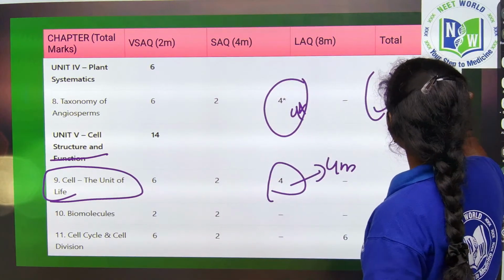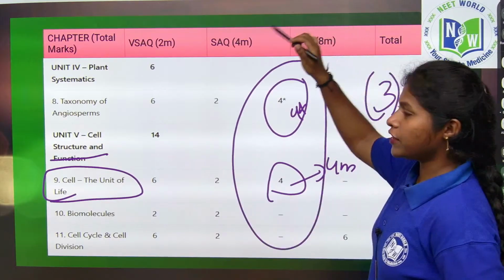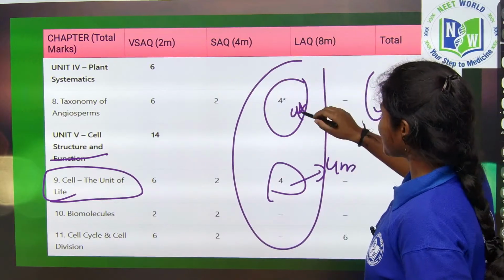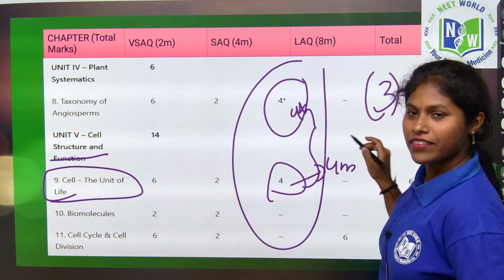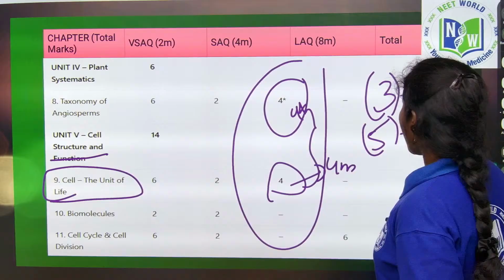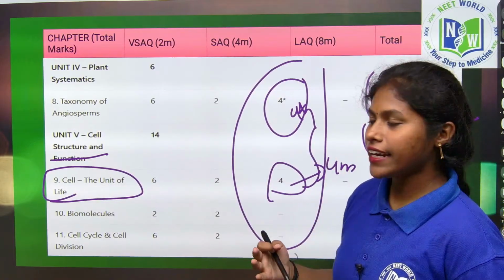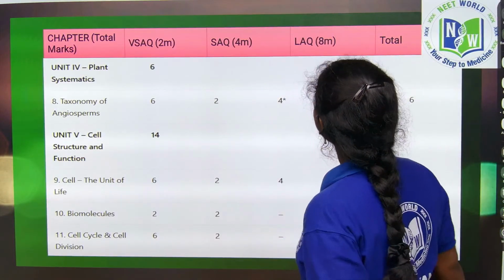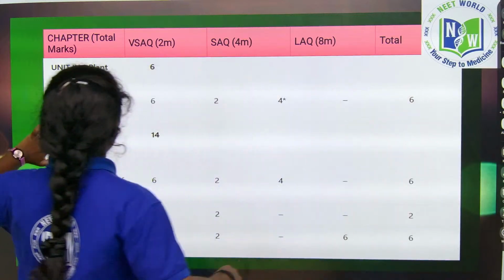So we discussed that from these units you cover 5 of the 4 marks questions. How many are left? Only 3, right? Let's see this in the next chapters.